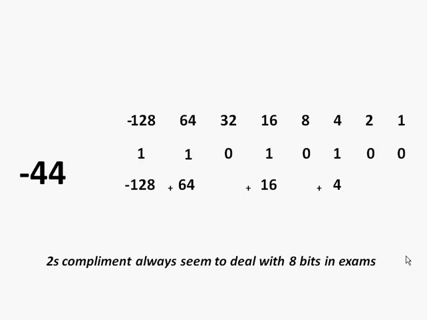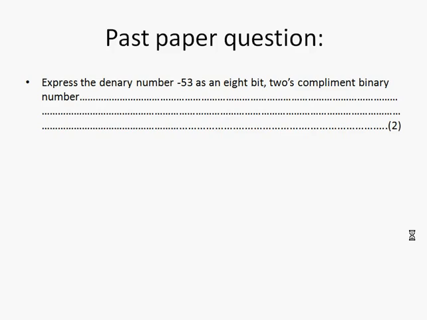Now we could keep on practicing those, they are quite easy to do. Unfortunately, you're likely to be asked about doing the conversion the other way round when it comes to questions in the exam on 2's complement. So let's take a look at an example of a past paper question. Here we go. Express the denary number minus 53 as an 8-bit 2's complement binary number.